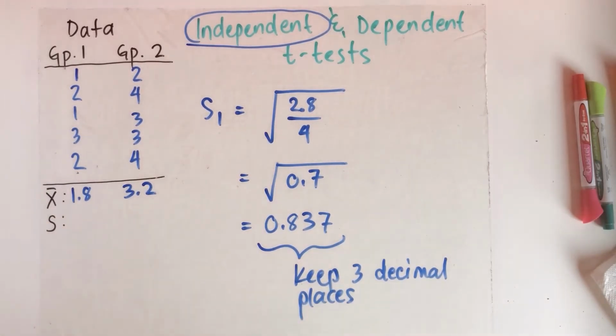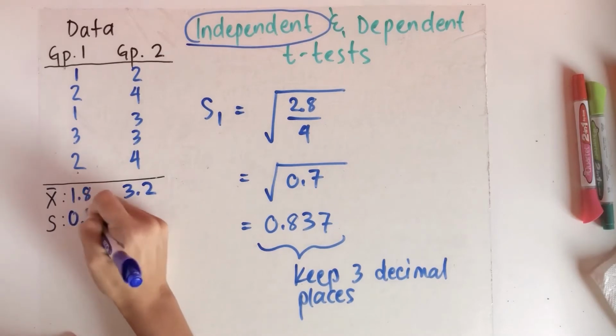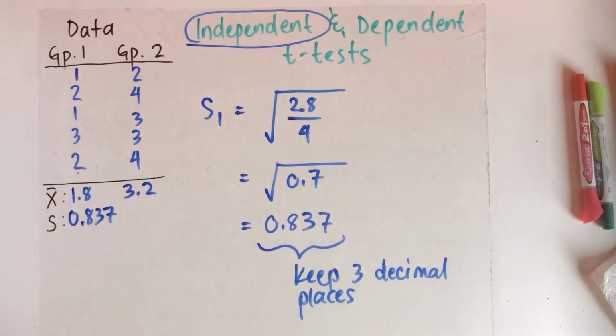So I think 3 is a reasonable amount. So we want to add that there for group 1's standard deviation S, and I'm going to do S2 as well. It's just going to be sped up. So feel free to make sure that you are 100% on board with that computation, and then we will continue.